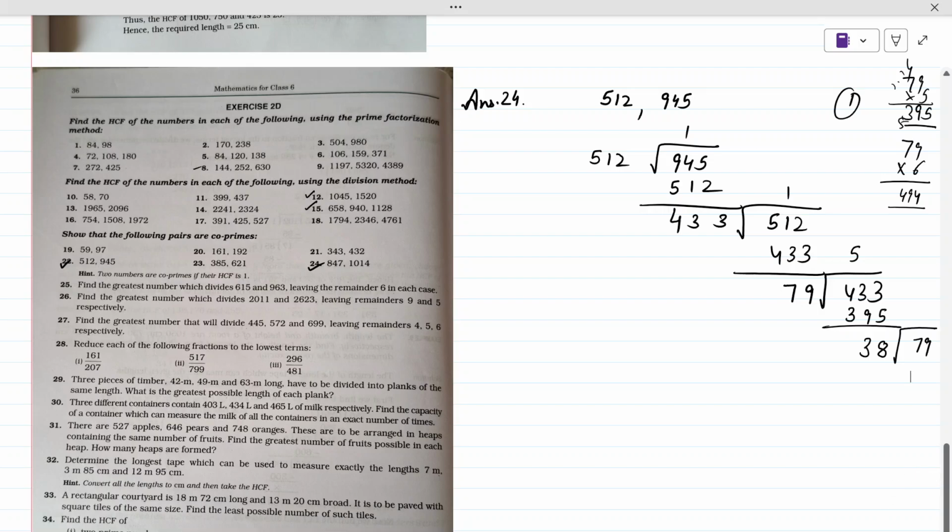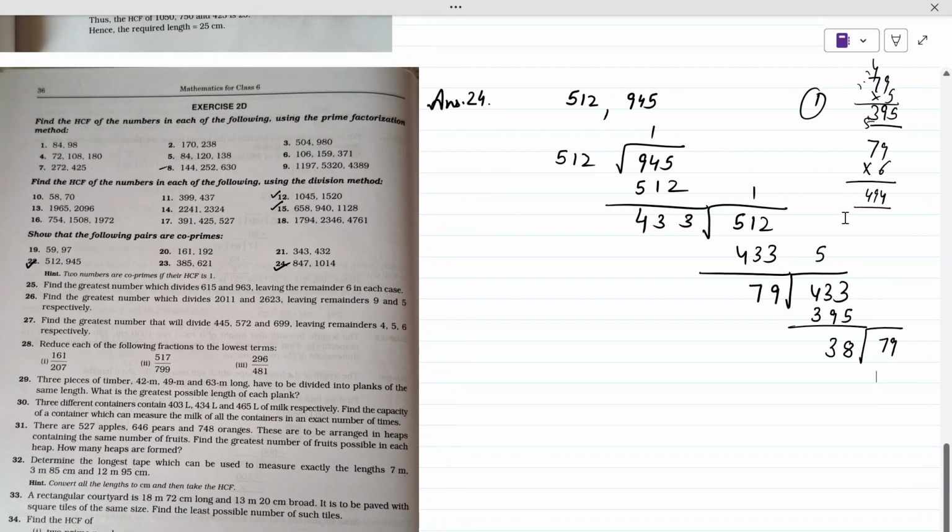So 38 into 2 is 76. 9 minus 6 is 3. So we have 3 and 38 now.